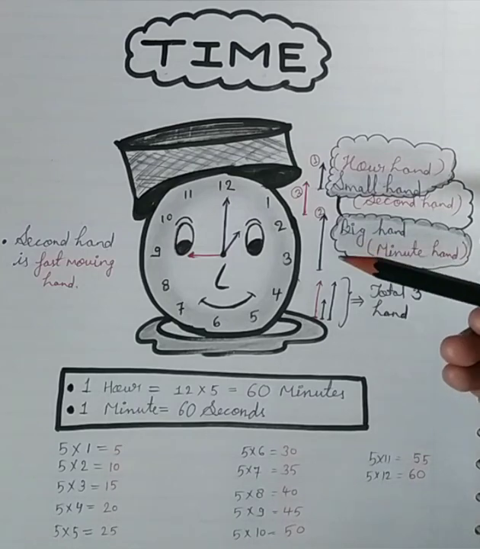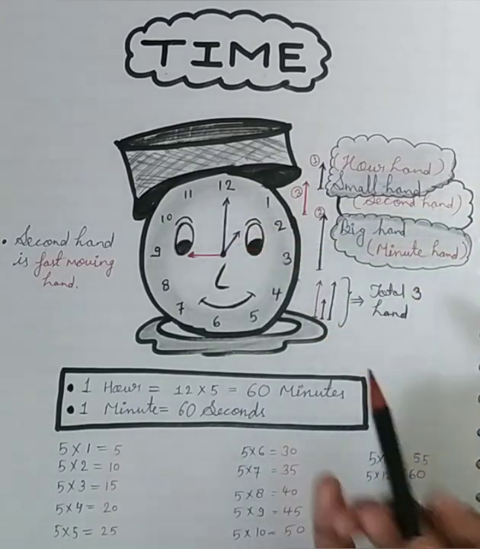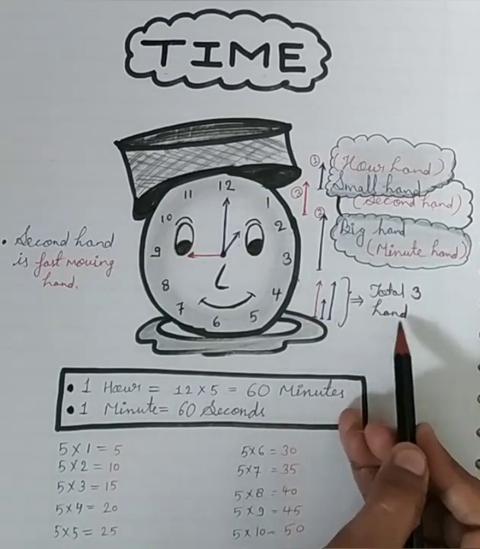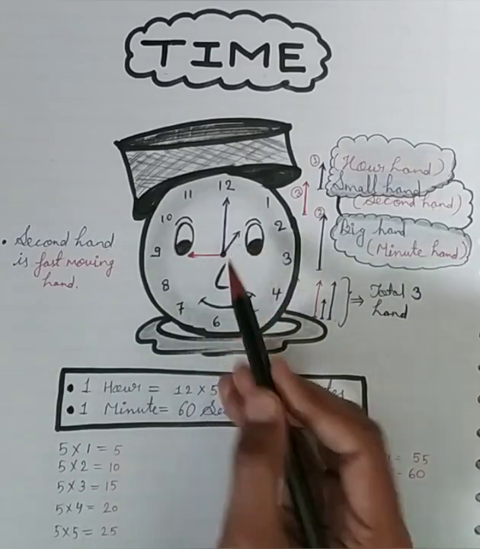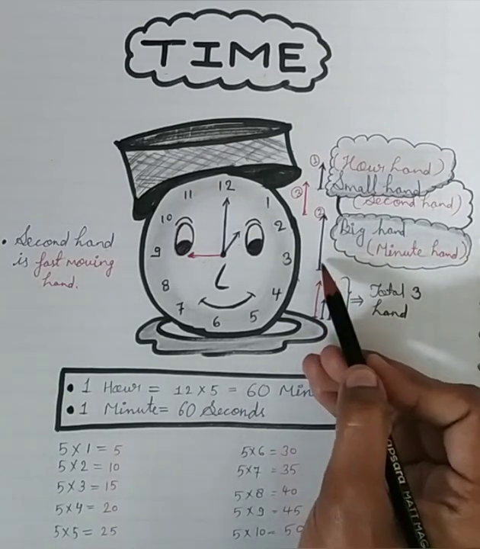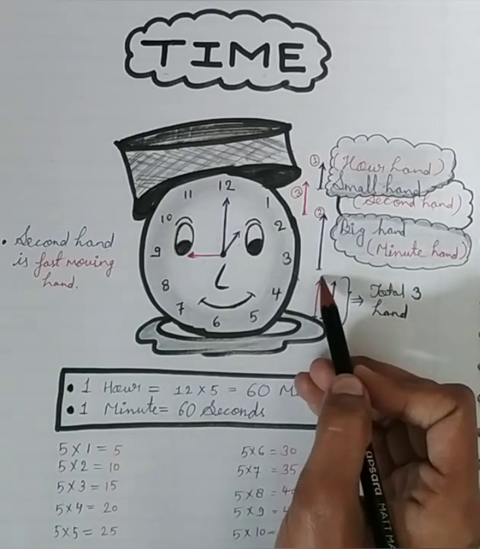So this was the brief introduction about the 3 hands of the watch. That's why I wrote here 1, 2, 3, total 3 hands. The watch has 3 hands. Now if I ask again, the big hand of the watch is known as what?